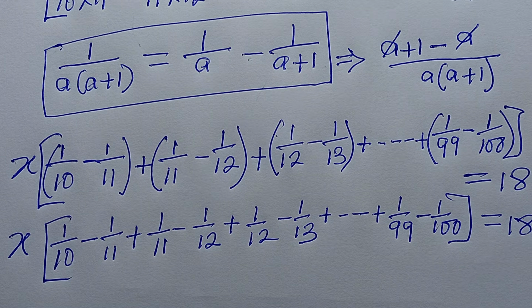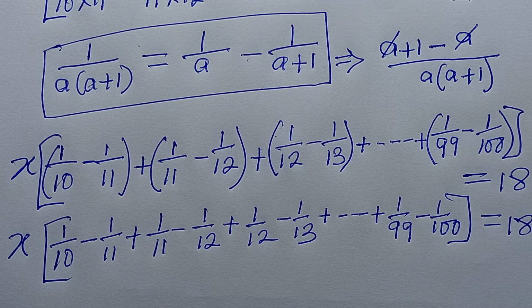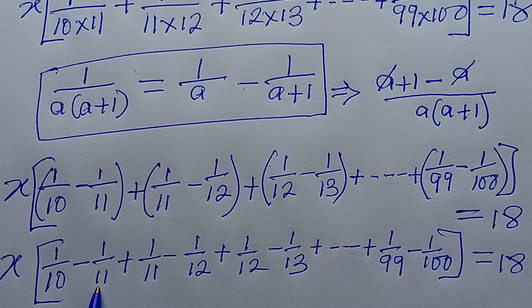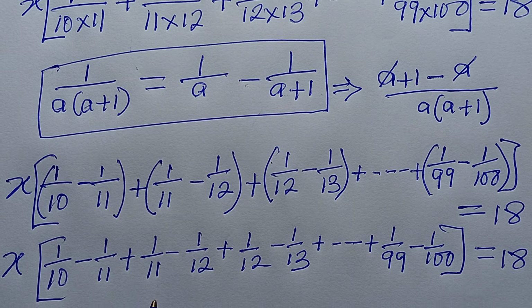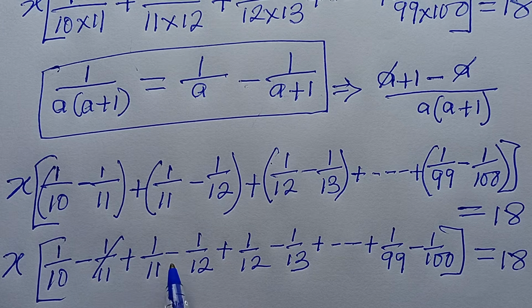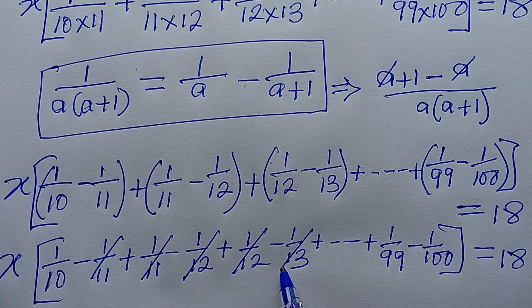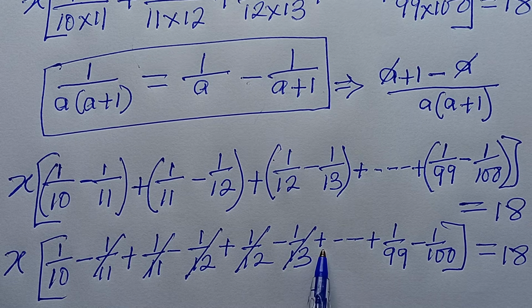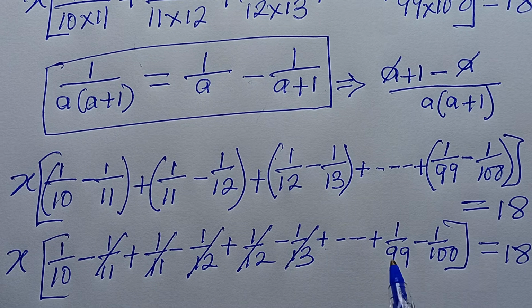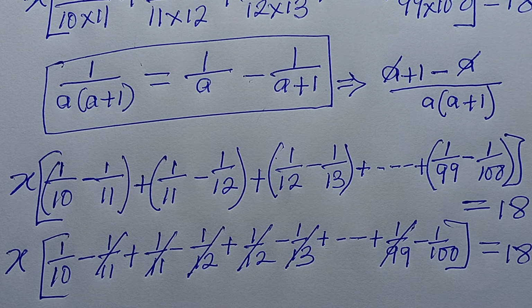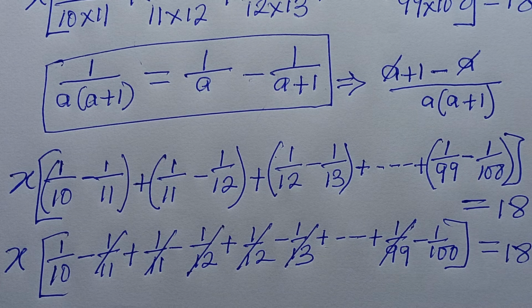Okay, now with what we have here, some terms are going to cancel out. Minus 1 all over 11 plus 1 all over 11. What happened? Then they will cancel out. This and this will cancel out, meaning this will cancel out with the next term. And it will continue like that until we cancel out this very one, because we're having plus our 1 all over 99 here.